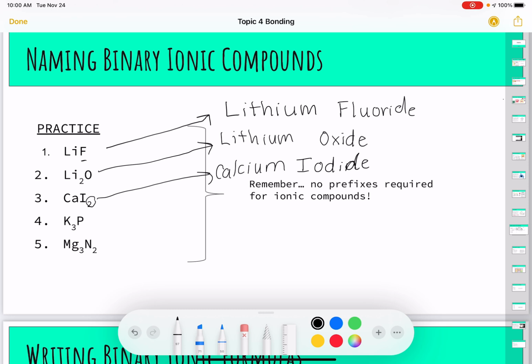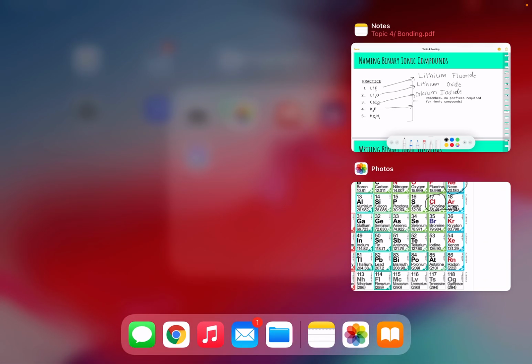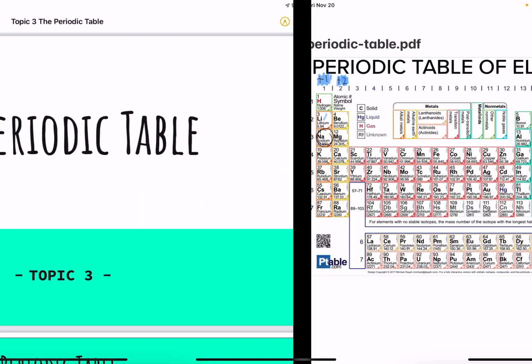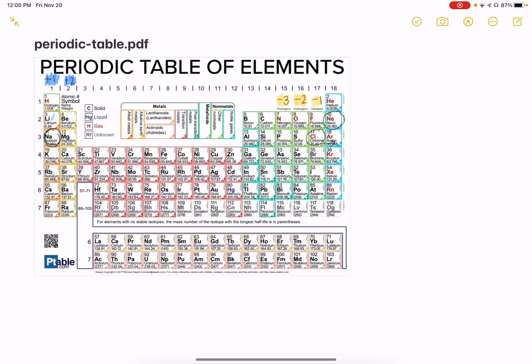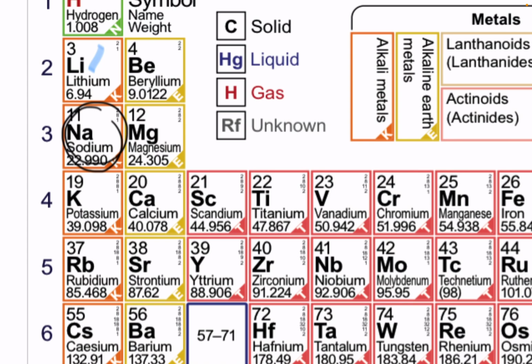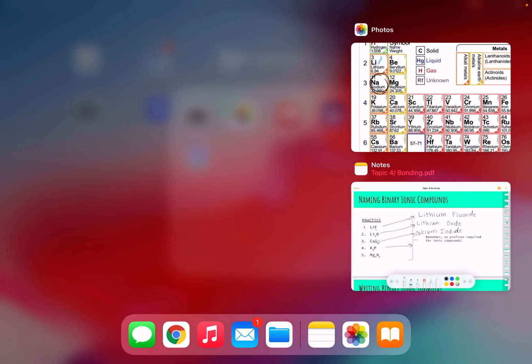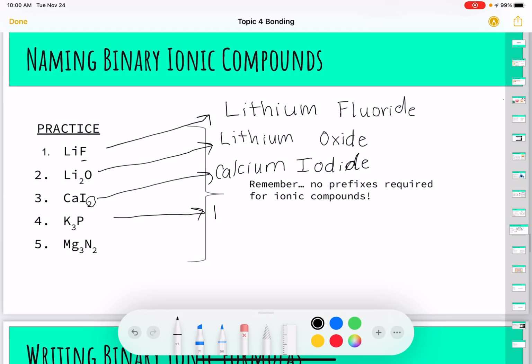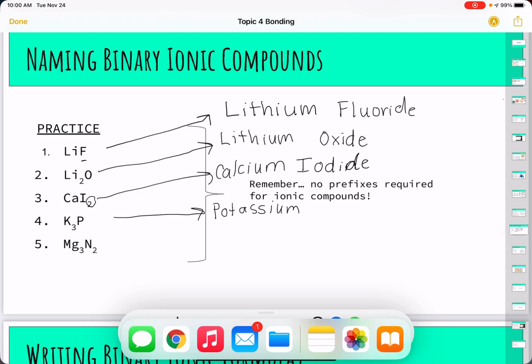The next one, K3P. We've got to look up what K is and what P is. So first we'll look up K. K is going to be on the left-hand side of the periodic table. It's number 19, and it's potassium. So let's write that. Potassium. And then we need to look up what P is.